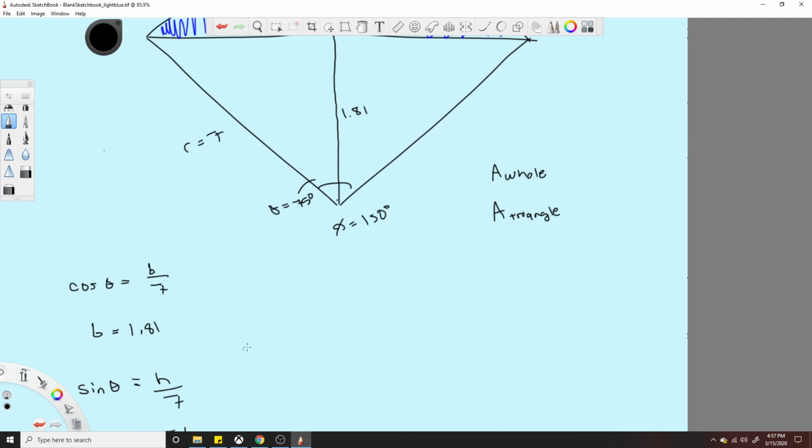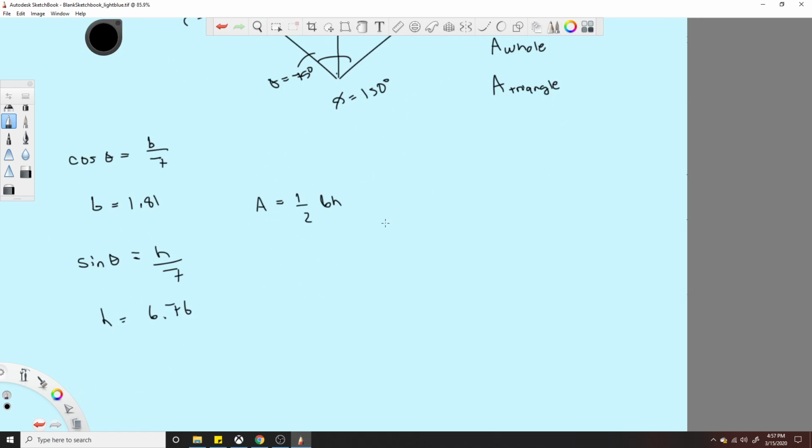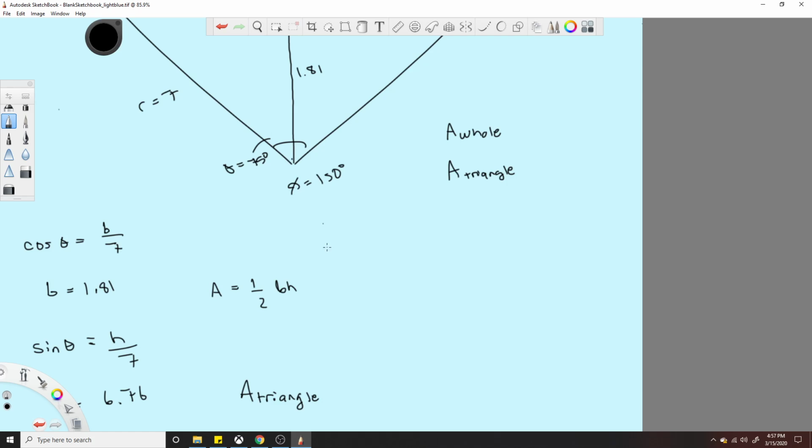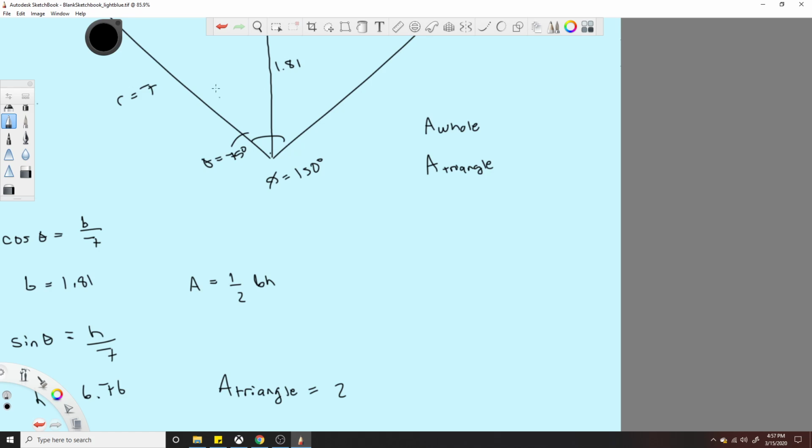Now the area of any right triangle is 1/2 base times height, okay? Because you're basically taking a square and dividing by 2. So to find the area of this whole entire triangle, we have 2 of these, so we'd say 2 times the area of each of these 2 triangles.